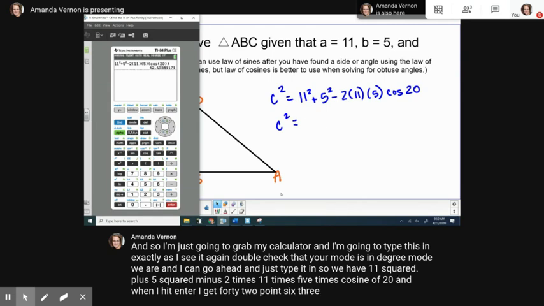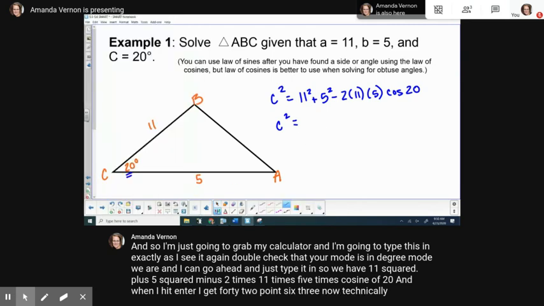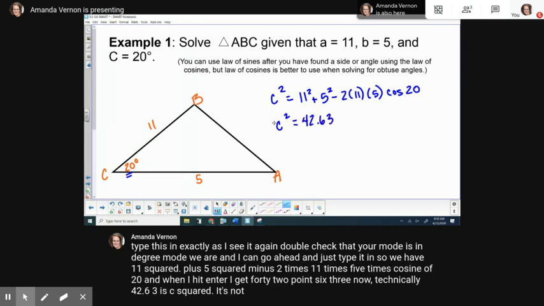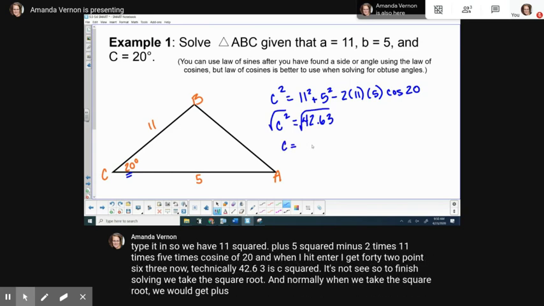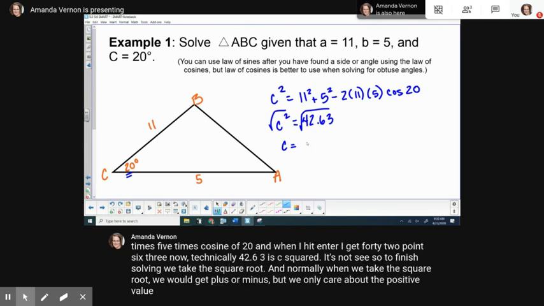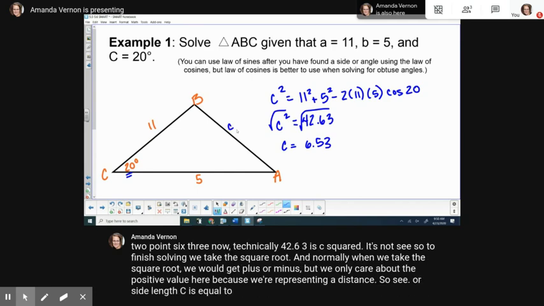Now, technically, 42.63 is C squared. It's not C. So to finish solving, we take the square root. And normally when we take the square root, we would get plus or minus, but we only care about the positive value here because we're representing a distance. So C, or side length C, is equal to 6.53.